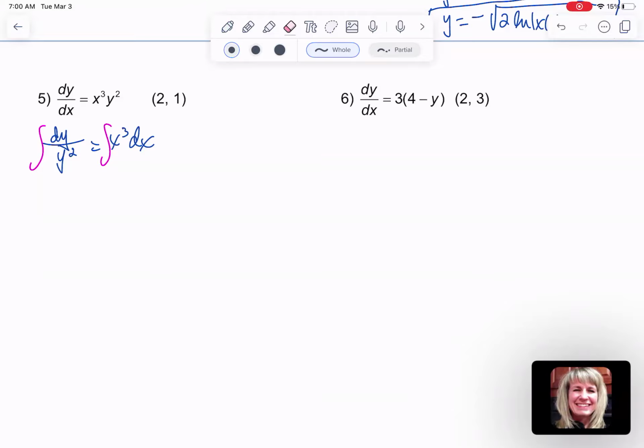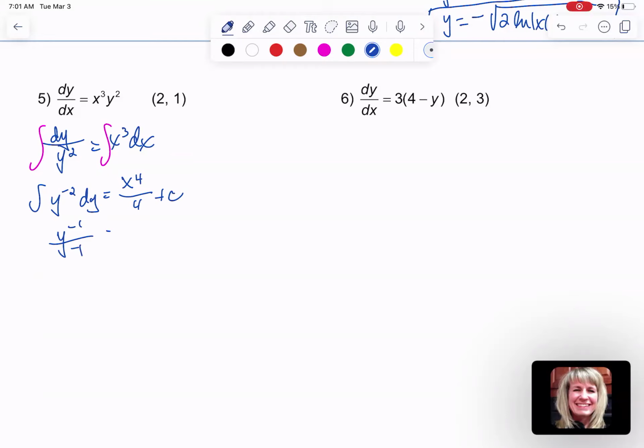So I'm going to rewrite this as y to the negative 2 dy equals, over here, this will be x to the 4th over 4 plus c. So then over here, when we integrate this, it'll be y to the negative 1 over negative 1 equals that x to the 4th over 4 plus c.